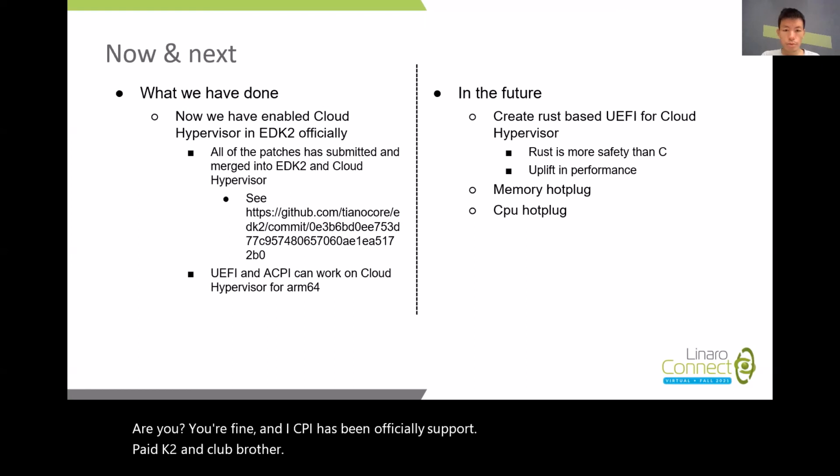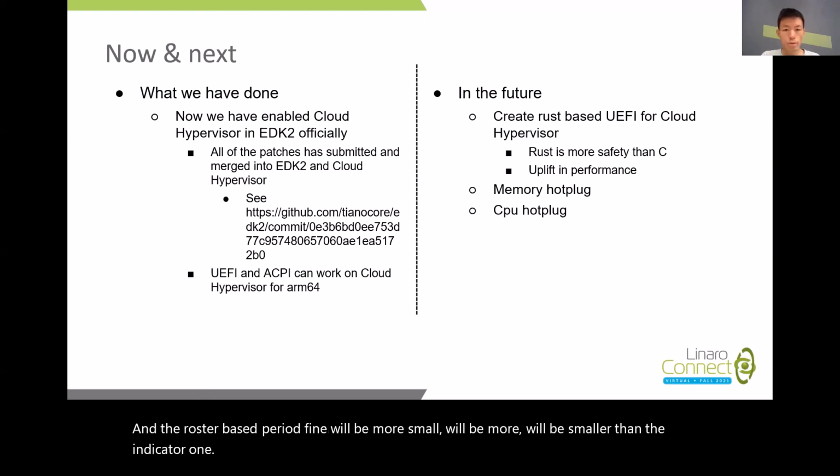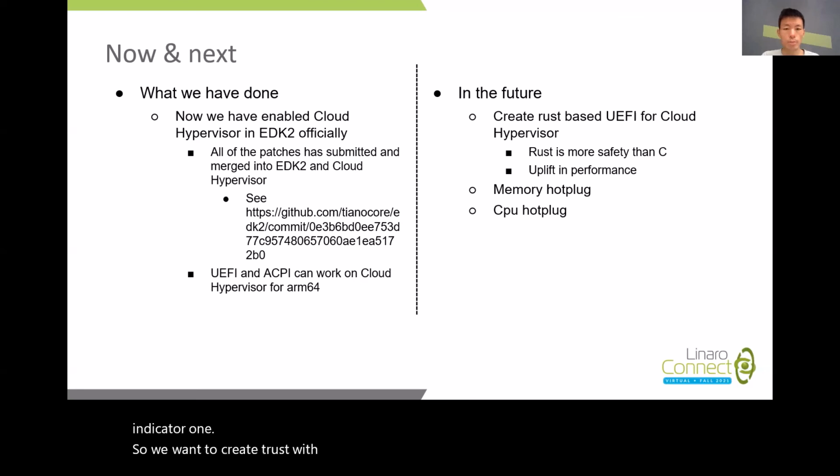What will we do next? Because Rust has better performance, and a Rust-based UEFI will be smaller than the EDK2 one, we want to create a Rust-based UEFI for Cloud Hypervisor.